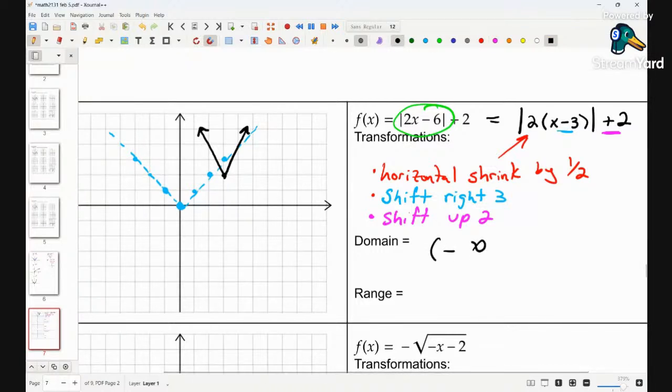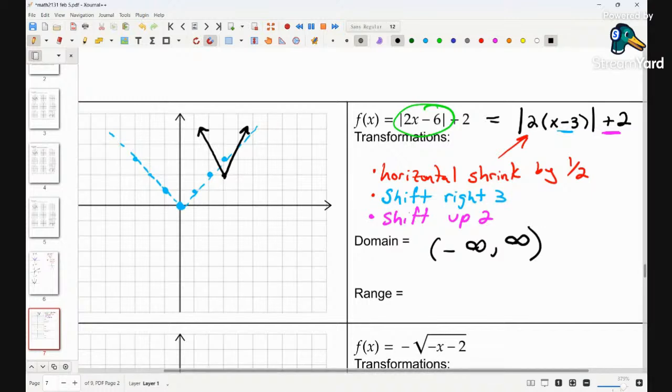Symbolized as that. Range, it's not x's, it's y's. Ceilings and floors, if possible. Definitely come with a floor. What's that y value? 2. Any ceiling? Nope. 2 to infinity.